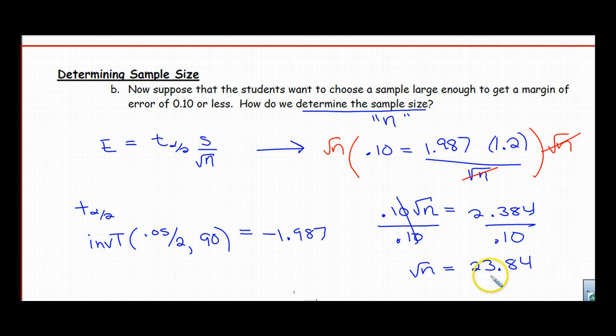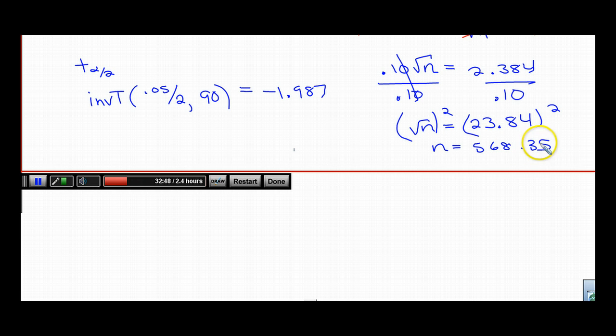Or if you had plugged in the negative, you would have had a negative here. If I square both sides, I get an n of 568.35. Now, just like before, we need to round up. 568 is not going to be enough because I need that 0.35. So we need to survey 569 students.